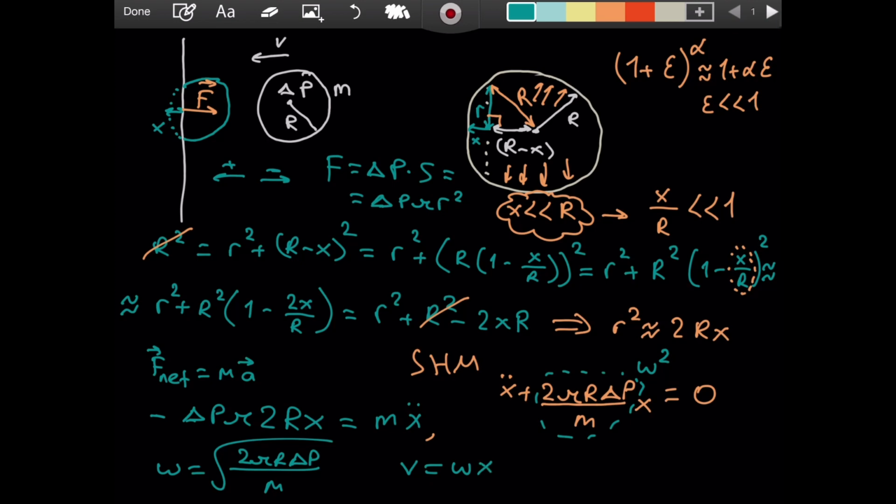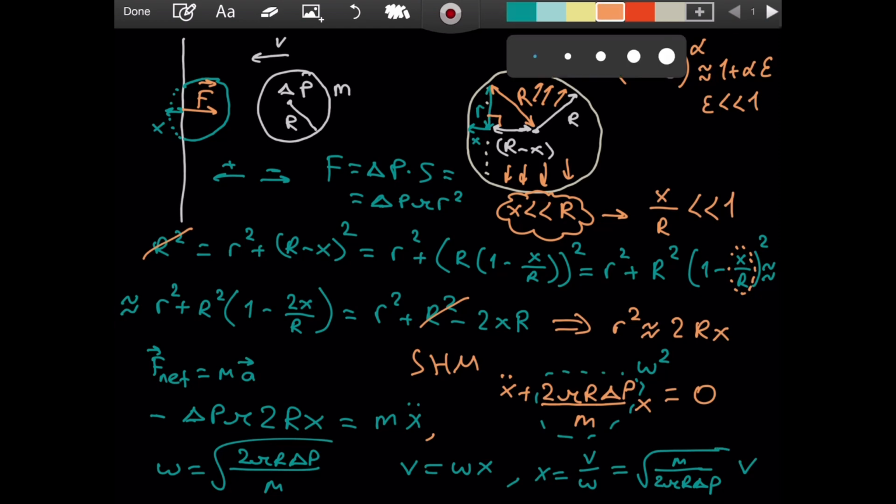And we found x. That's it. x equals v divided by omega. So substituting the value that we found for omega, we get that the maximum compression is equal to the square root of m divided by 2 pi R delta p. And outside of the square root, we have v. Okay?